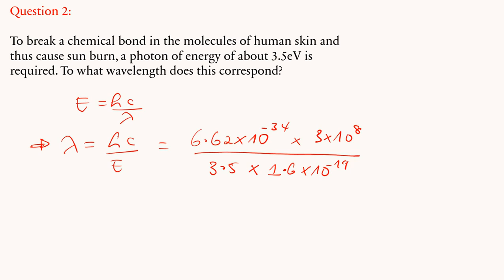So we punch that in, and this gives 9.08 times 10 to the negative 7 meters, which is about 908 nanometers.